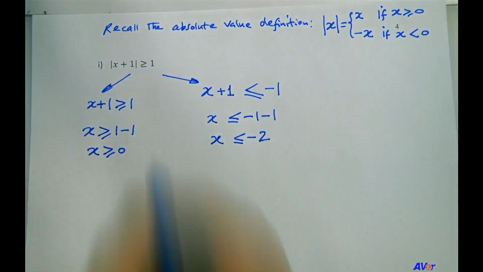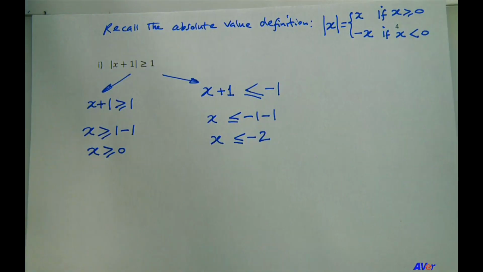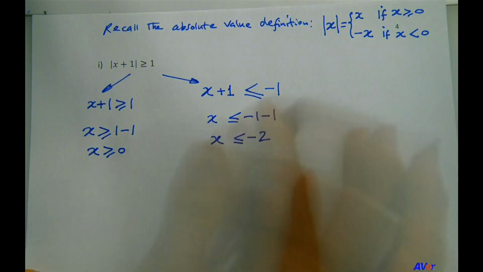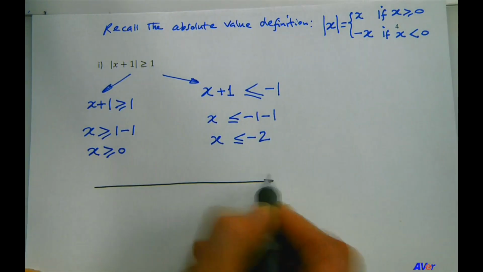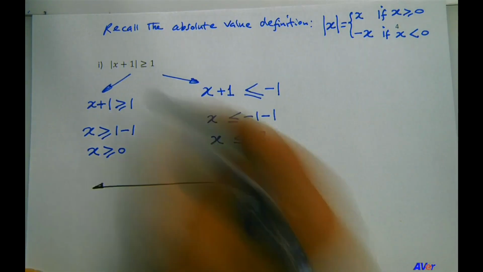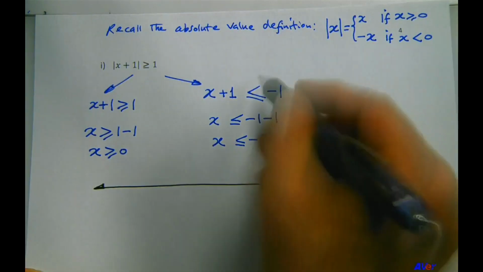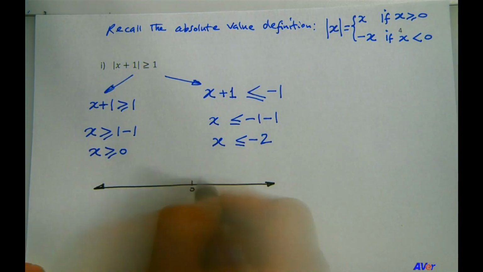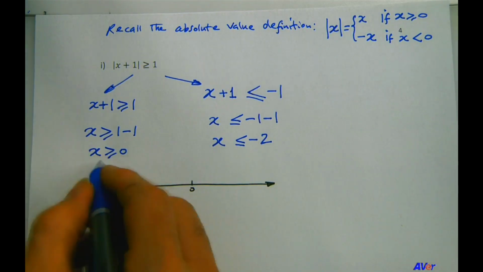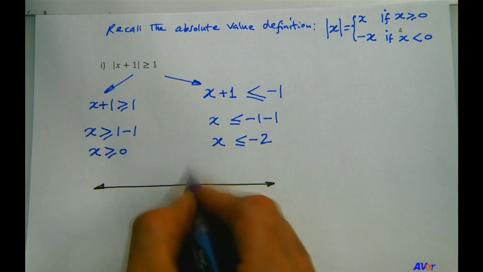Okay? So notice what is happening. Let's draw a picture for all of this, because I want you to understand exactly what's going on here. We applied the absolute value definition. Now we end up with two solutions, right? One of them says the solution is 0 and anything greater than 0.